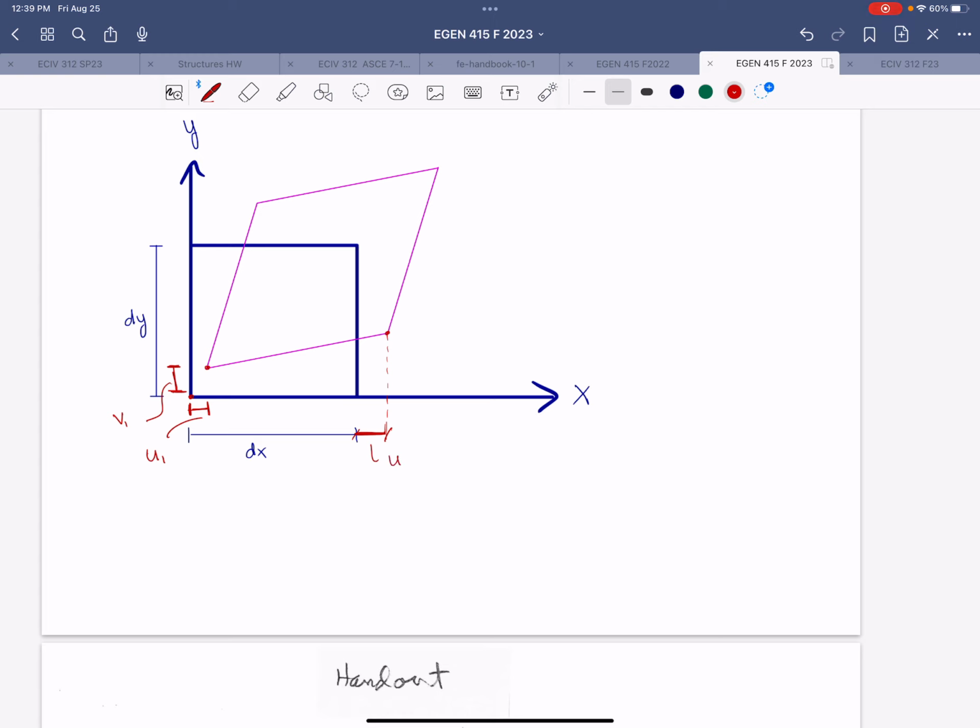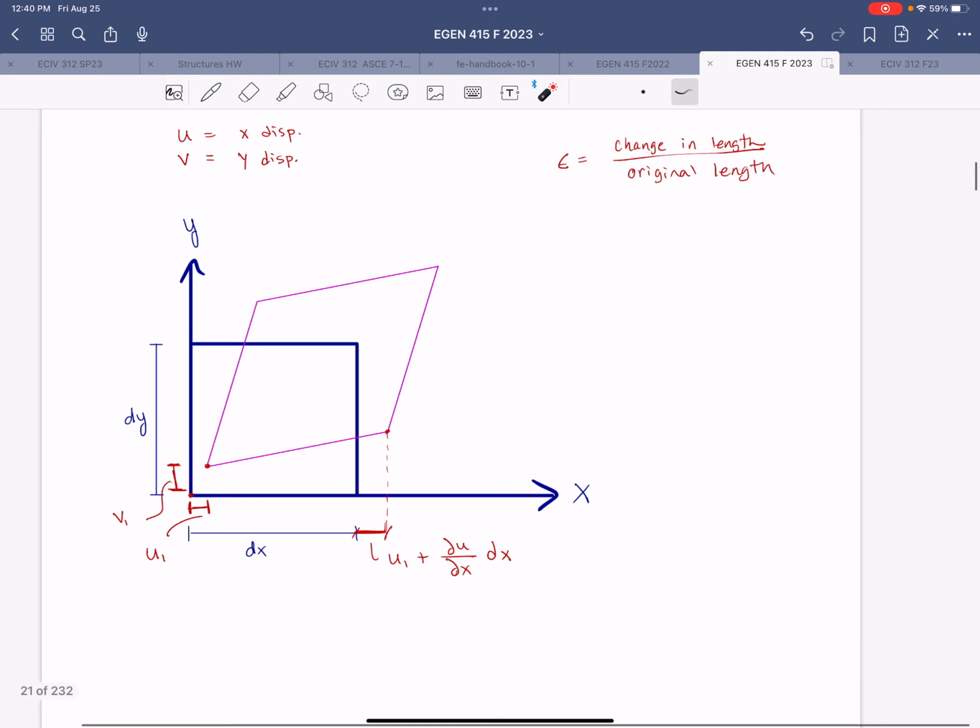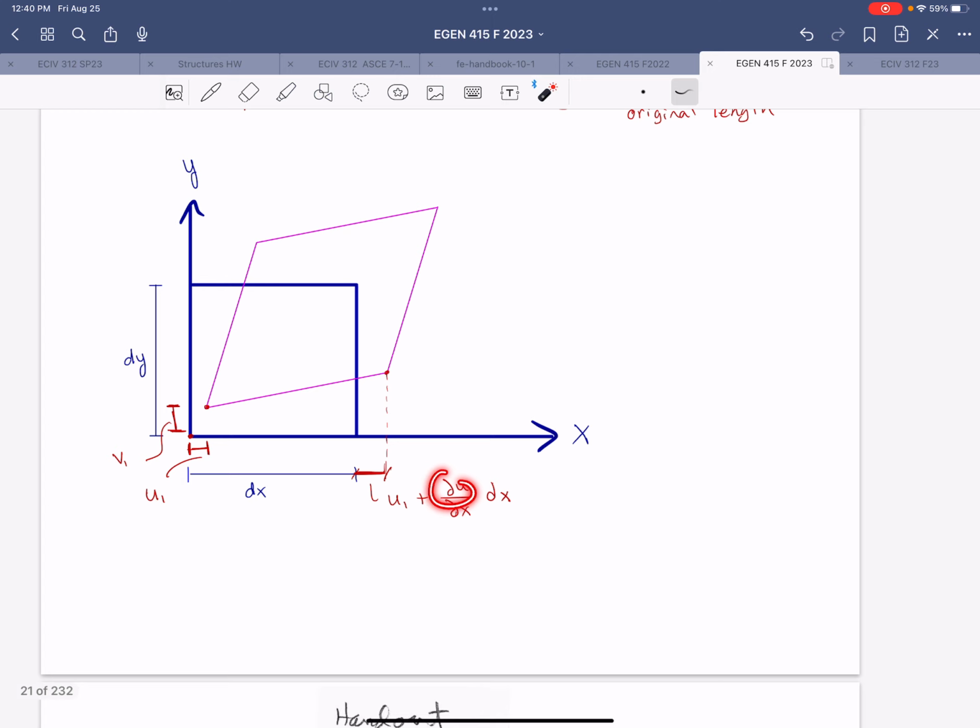So this is going to be U1 plus however much it has deformed with respect to x along that length. So we'll call that the change in displacement in the x direction with respect to x applied over the original length dx. I'm actually meaning to write these technically as partial derivatives, because u and v can be functions of both x and y. So this is a partial derivative of u with respect to x applied over the original length dx.